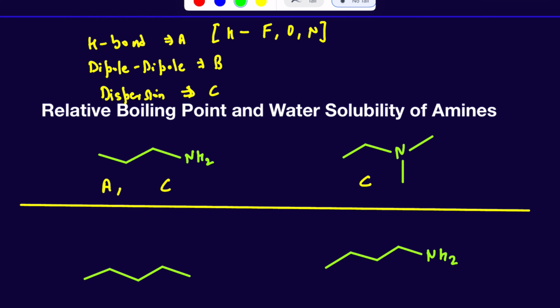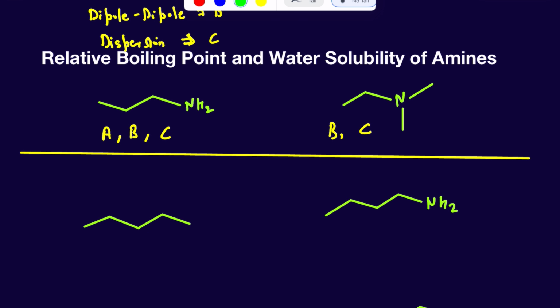So because of that polar bond, it will be able to make the dipole-dipole as well. So I will be saying A, B, and C, all three intermolecular forces are going to be made on this left molecule. When I'm looking at the right one here, I don't really have any hydrogen directly connected to the nitrogen. So your hydrogen bonds are out of the question here. But I do see these carbons and nitrogens kind of connected. So as a result, they would be making these dipole-dipole interactions. So I got a dipole-dipole and a dispersion for the second one.